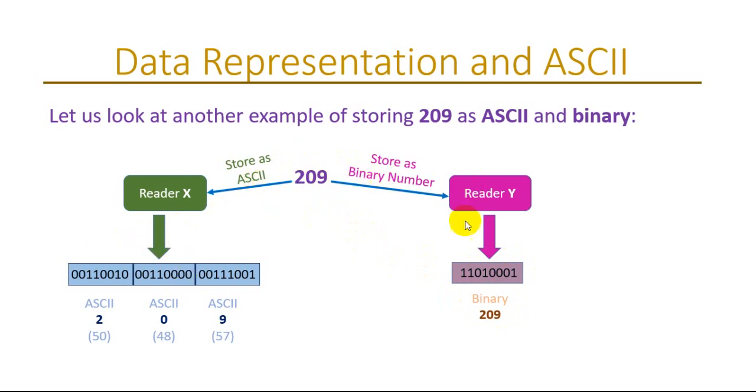If you want to store each ASCII digit, you will actually need 3 bytes. Whereas if you store it as a binary number, you just need 1 byte. In 1 byte, you can put the 209. It depends on how you write, but what you have to remember is that the end result, whatever you do, is all binary, ones and zeros.